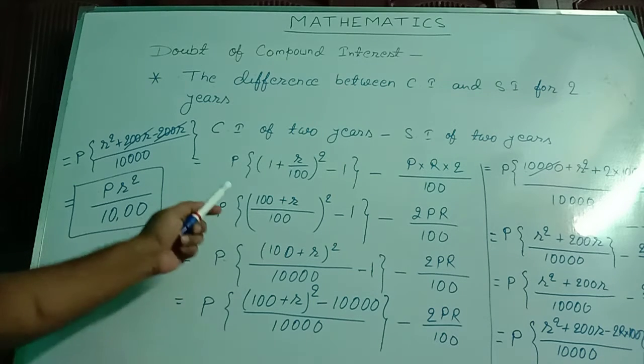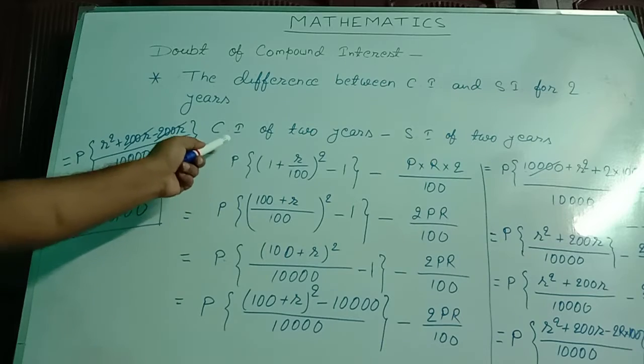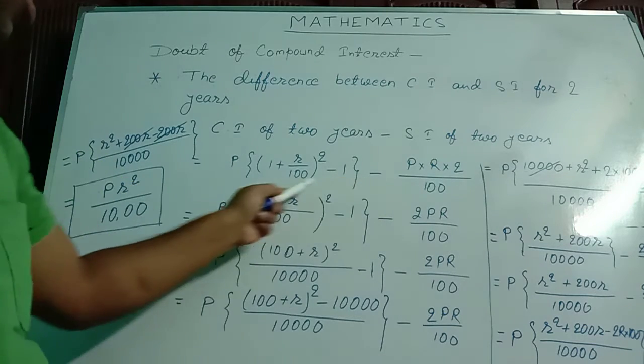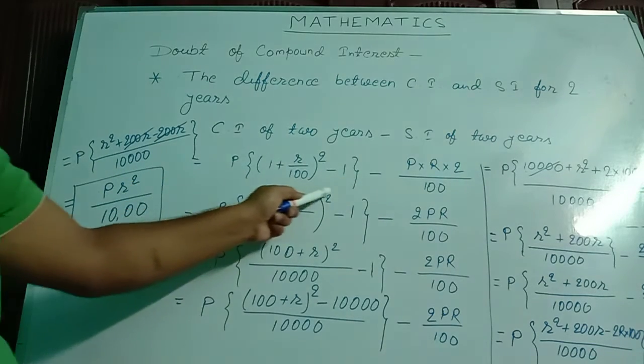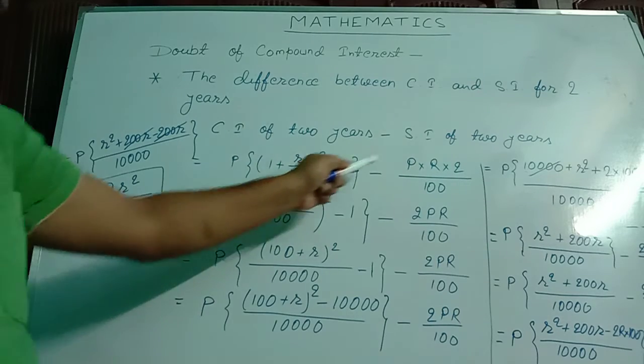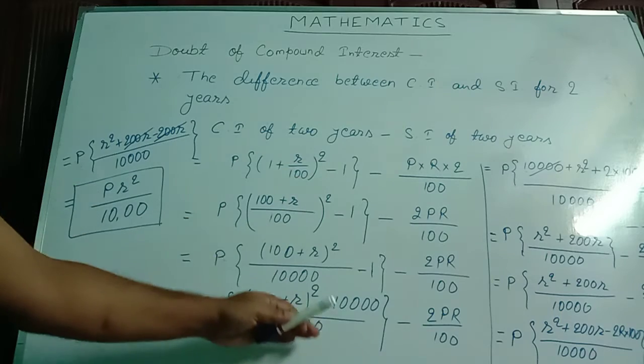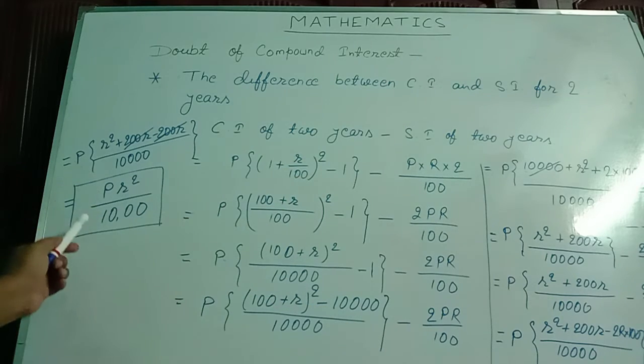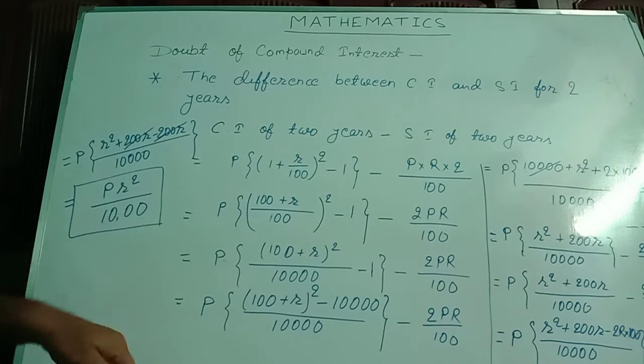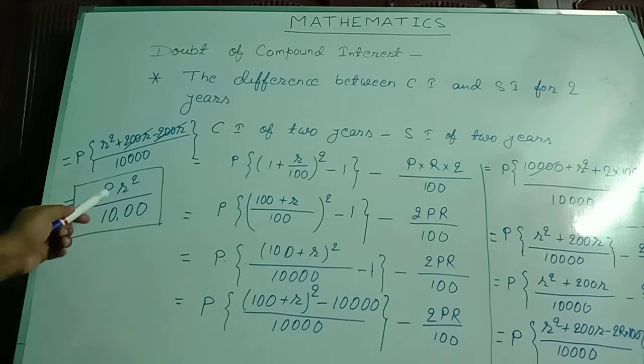This is nothing more, just I calculated these two formulae, CI of 2 years and SI of 2 years, and I proceeded. I got the abbreviated form of this calculation as PR square by 10,000.